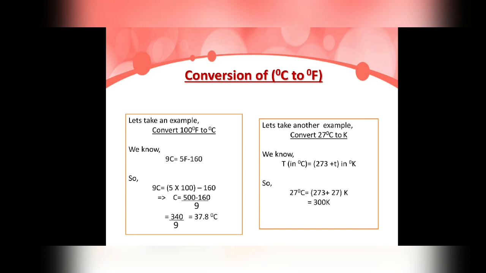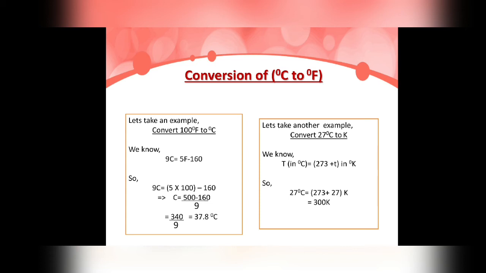Now what we'll do: 273 plus 27 degree Celsius. This is the temperature in Celsius, and that comes out to be 300 Kelvin. So we can say 27 degree Celsius is equal to 300 Kelvin. So this is how we will convert different scales from one value to the other.